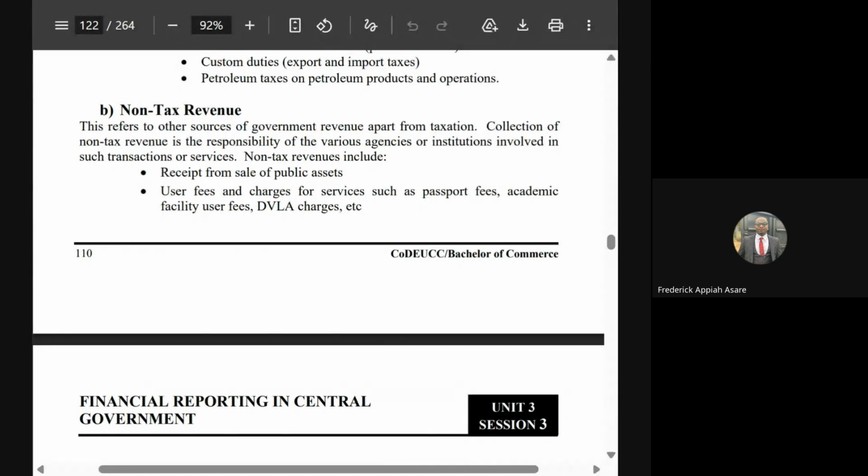So in case the government sells any of its assets, it falls under the non-tax revenue. Fees and charges also fall under the non-tax revenue, like when you go to the Supreme Court and they charge you, or when they fine you, those amounts go to the non-tax revenue.